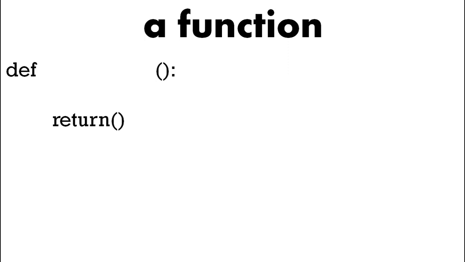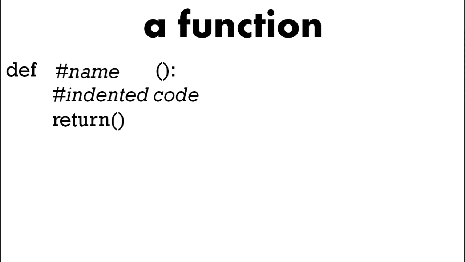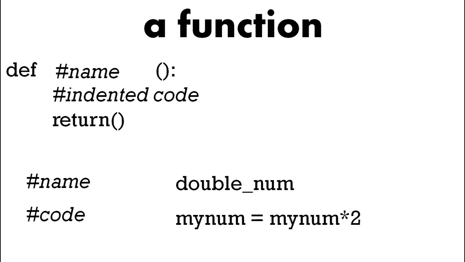We're always going to use def, we're going to have brackets and the colon, and we're always going to have return and brackets. So remember, we wanted to include the code, and we're going to have to give the function a name. So in this example, we could have a name double number, and the code for that would just be mynum equals mynum times 2.